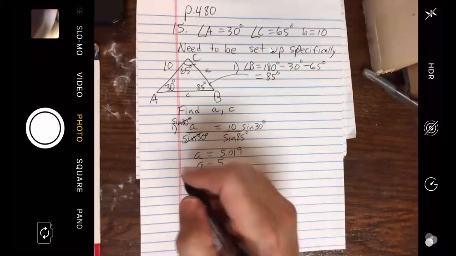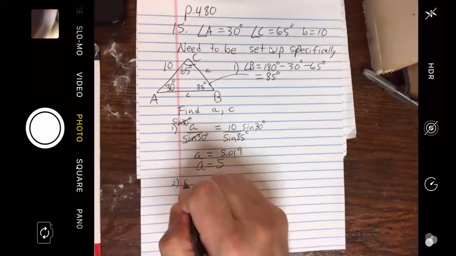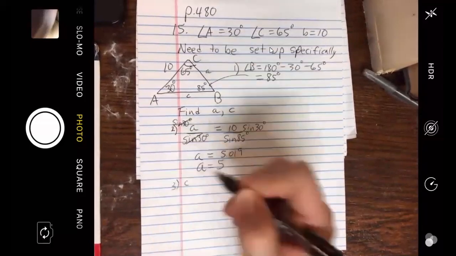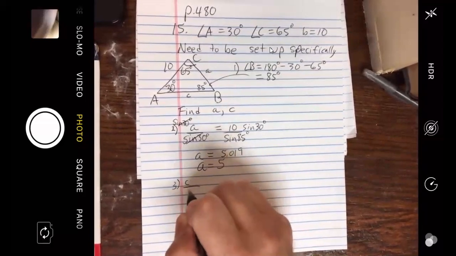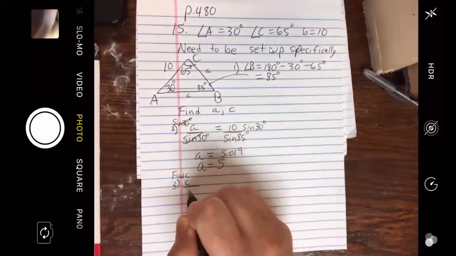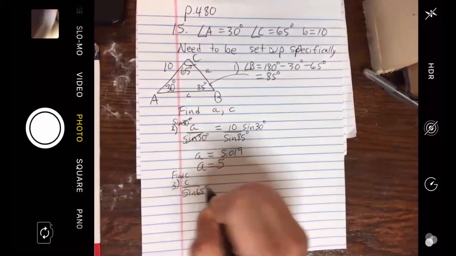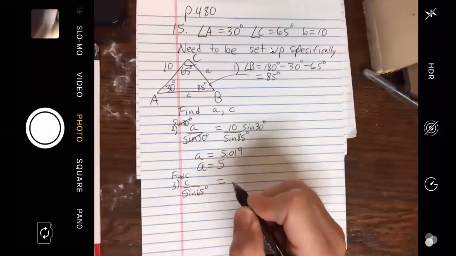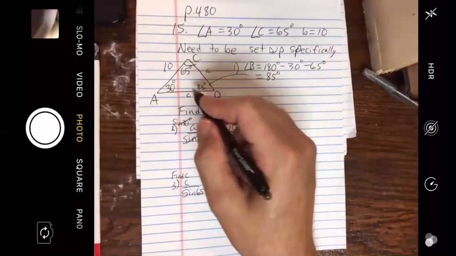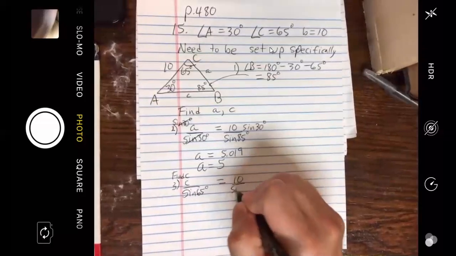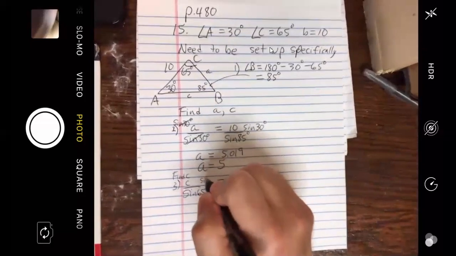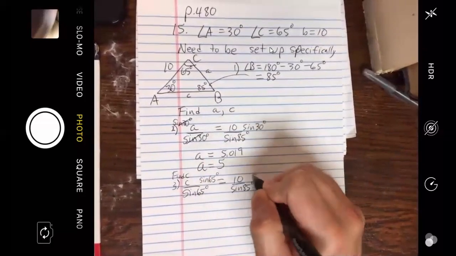And then number 2, C. Well, I got two number ones. All right, if you want to call that number 1, that's number 2, that's number 3. C over sine C, over its opposite side sine 65. And I can use either the A or the 10. I guess I'll stick to the 10 over sine 85. So multiply by sine 65.